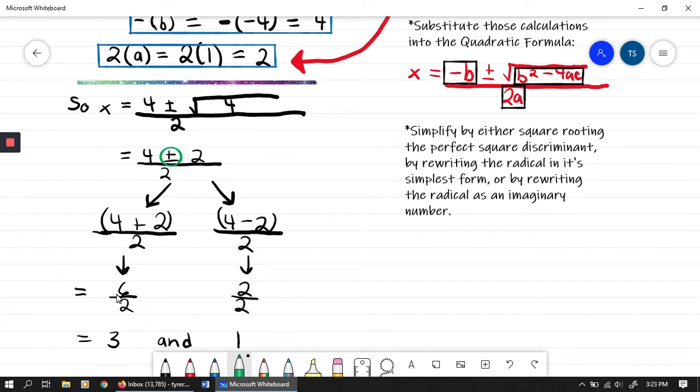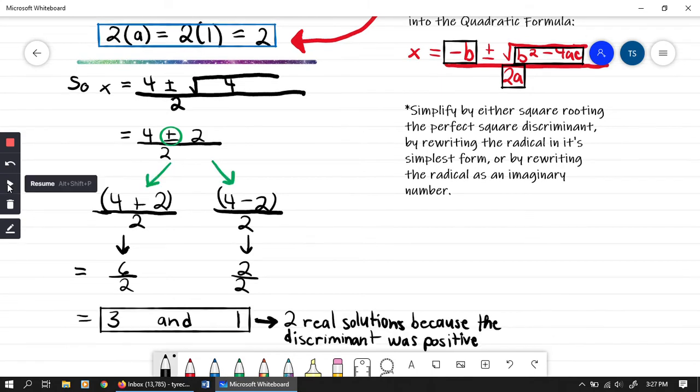Alright, so those are our two answers. So again here, folks, these two solutions that we have are two real solutions because the discriminant was positive.